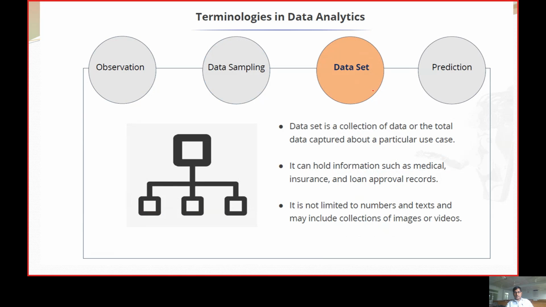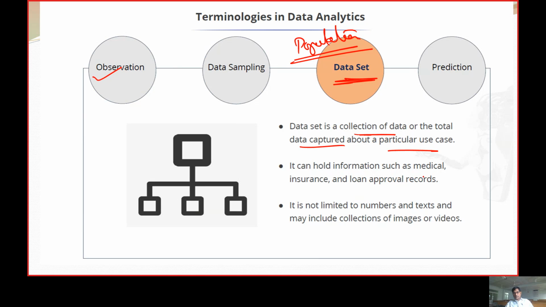Next comes the observation. We are going to build these data sets. It is going to be a collection of data. Whatever observations, whatever samples we take, the entire population, the data captured for a particular case, we assume here as a population.